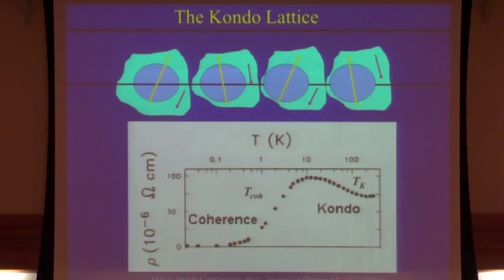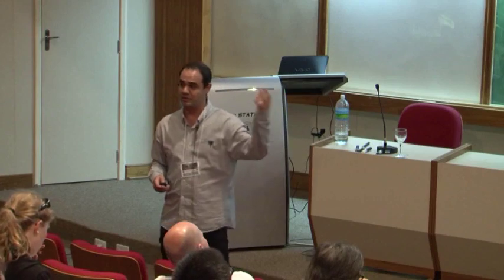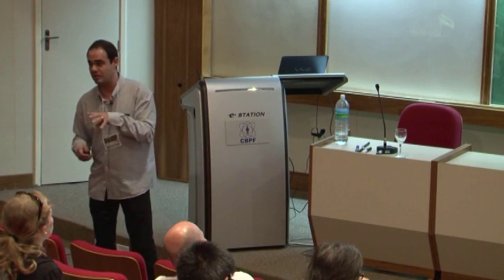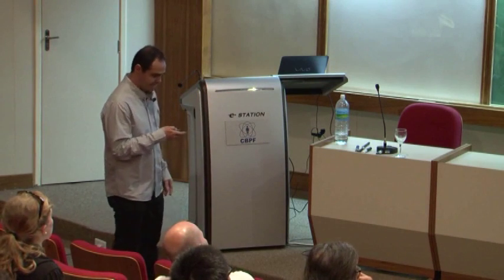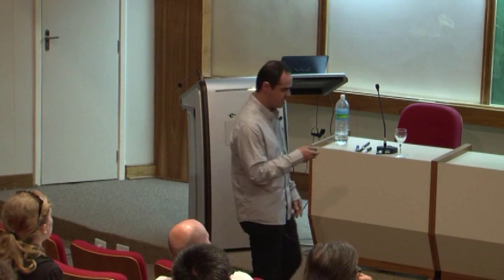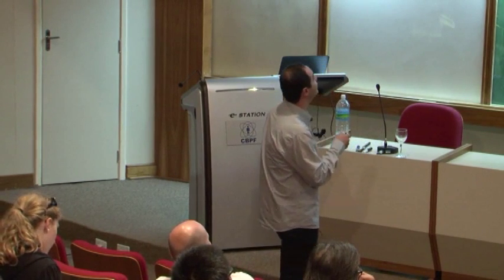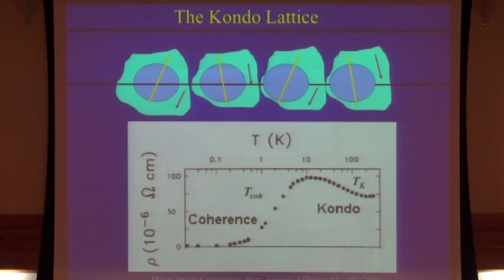And when you have a lot of impurities in your lattice, you go from a Kondo impurity model to a Kondo lattice. In that situation, you have scattering at each site where you have a spin. This scattering can become coherent below a certain temperature. That means in each site all this scattering happens coherently, in phase.